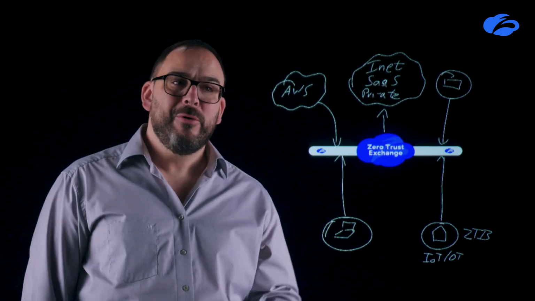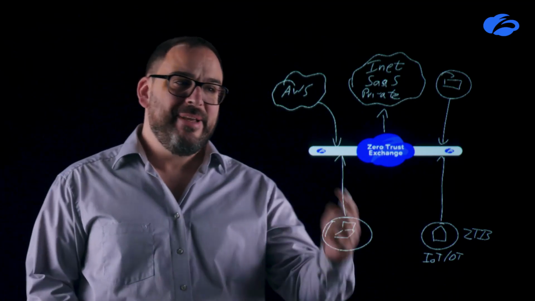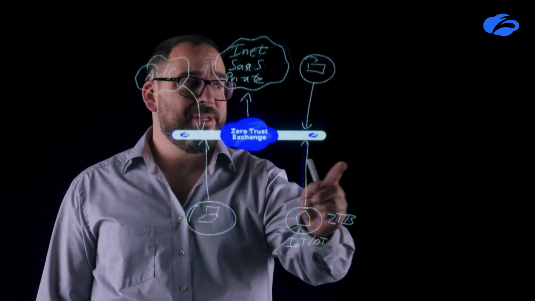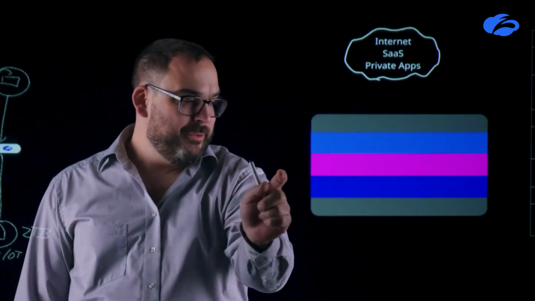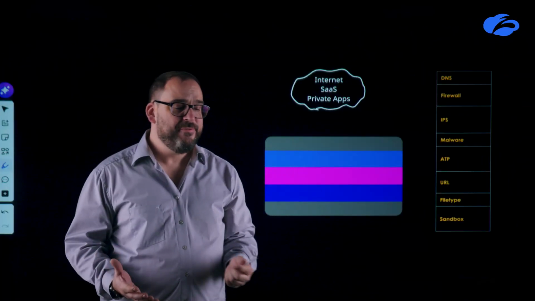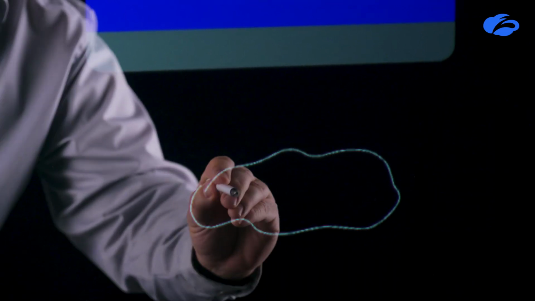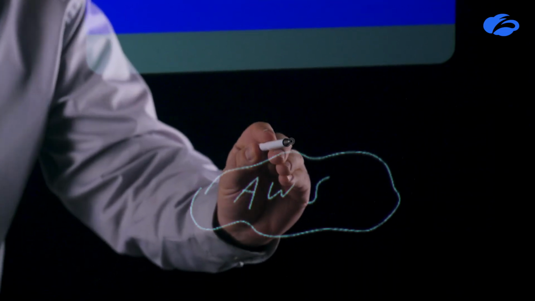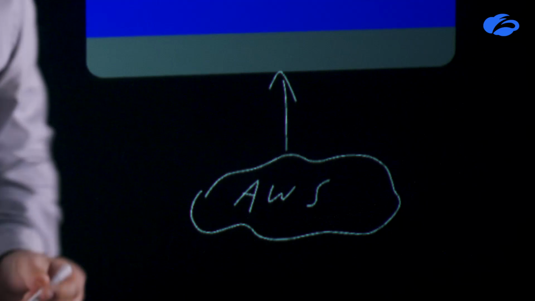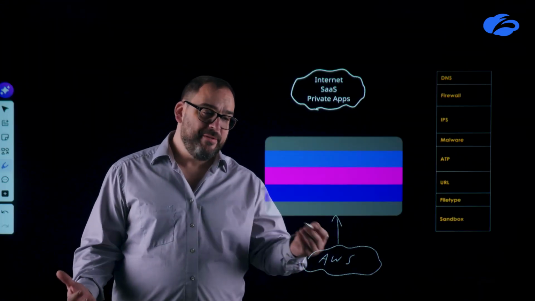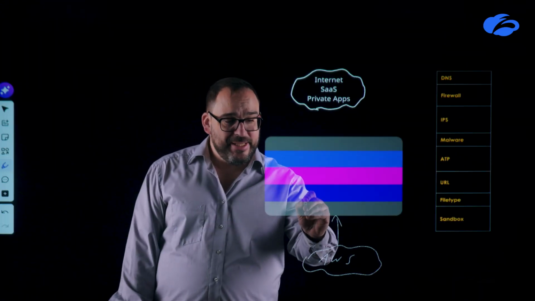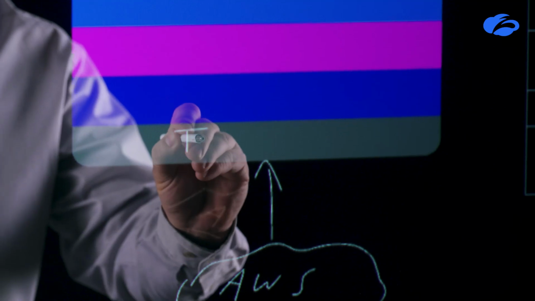But before we really look into the Zero Trust Gateway, let's quickly reiterate on what the Zero Trust Exchange can do for your workloads. The Zscaler Zero Trust Exchange is a full proxy architecture. That means that all your workloads in AWS, when they are forwarded to the Zero Trust Exchange, the first thing that happens in the full proxy architecture is that the connection is terminated.